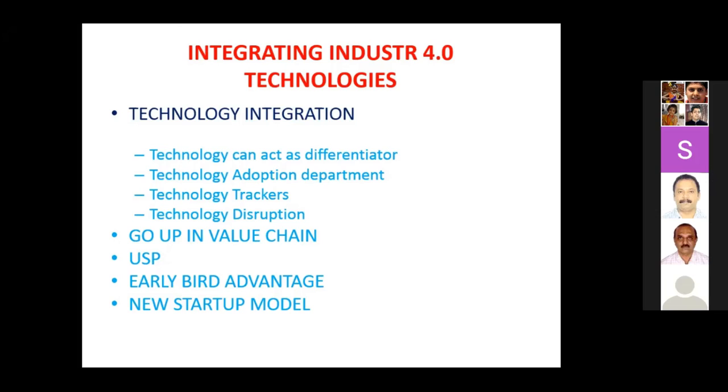The earlier company would have already escalated to another technology, and they would create a gap of another 5 years. So this is how you can go up in the value chain. You can get early bird advantage. So that can be the unique selling point of that particular institute, that particular industry.